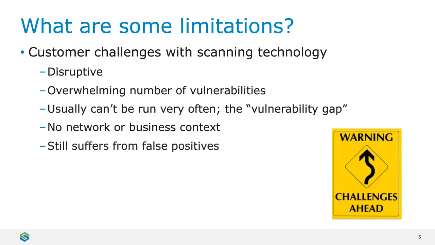They all suffer from false positives, where you're relying on understanding signatures and interpreting information, banner information. You do get false positives in any of these technologies. So it's usually good to have more than one lens, if you like, more than one view on the output of these reports and these scans.